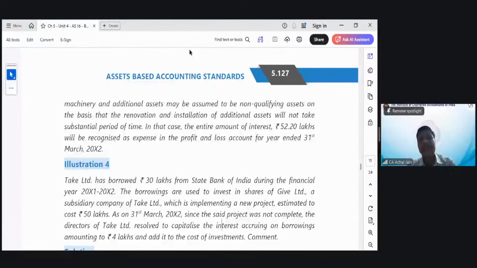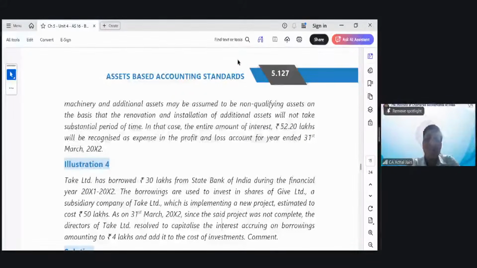Okay, I think Sridhar has raised hand. Yes, Sridhar, please go ahead. Then Lakshmi says purchase of shares is not a qualifying asset. Okay, so what do you do in that case? Sridhar, you want to speak?